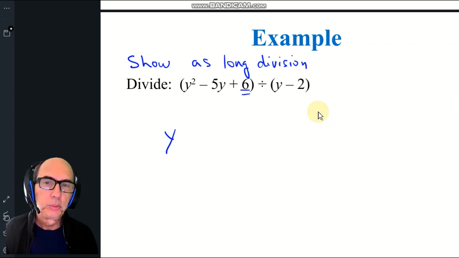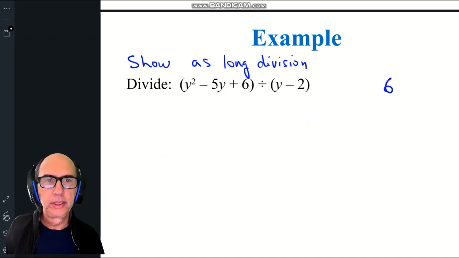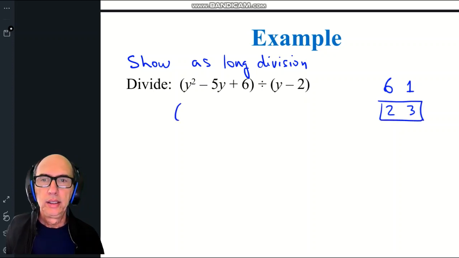Look, two numbers that multiplied give 6, and added give negative 5. Using the guessing method, you can think about 6 times 1 is 6, 2 times 3 is 6. All right, maybe we can combine 2 and 3. y minus 2 times y minus 3.